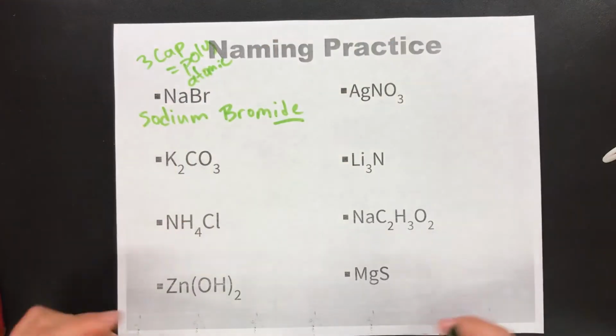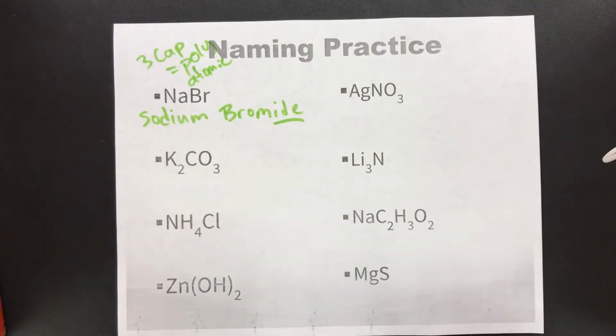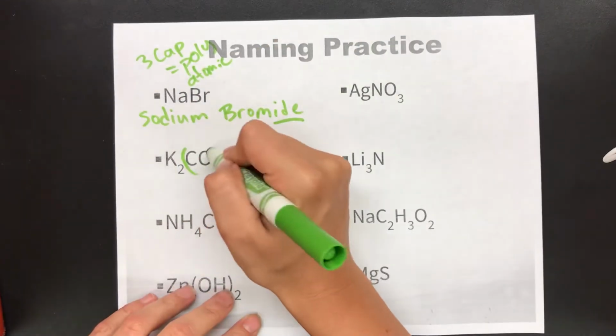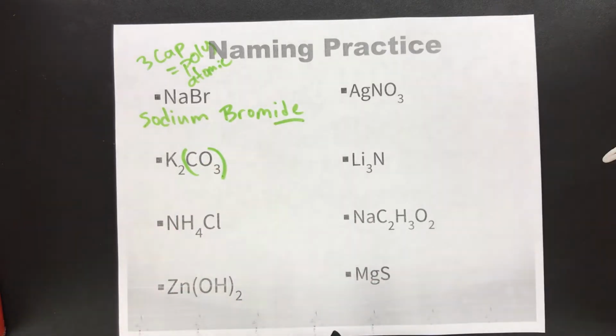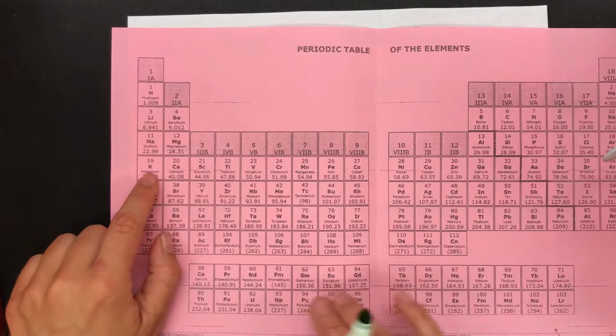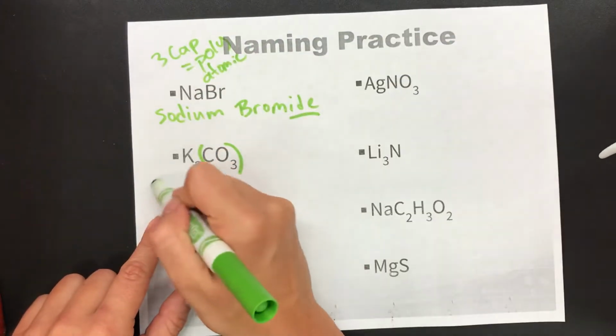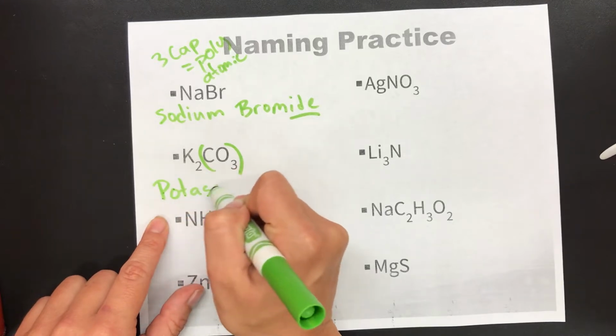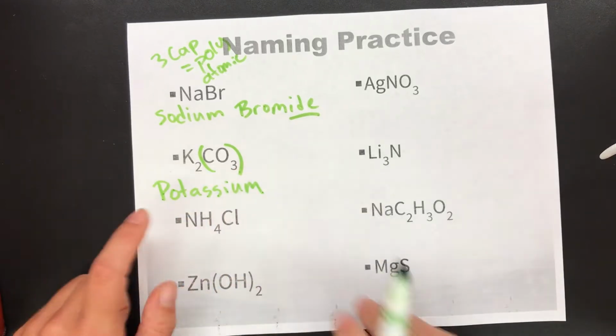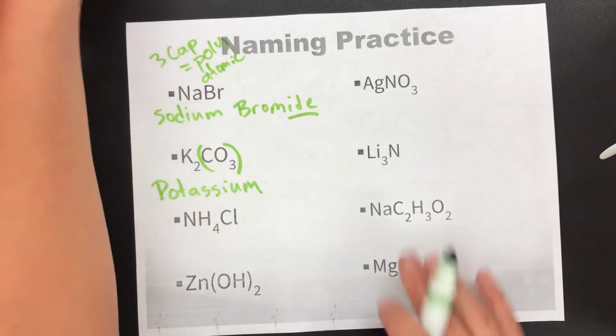Now, you have a list of polyatomics, and you should see that this CO3 is a polyatomic. So you go and look at the periodic table, and you see K is potassium. So you're going to label that as potassium. And then CO3, you're going to look at your polyatomics.